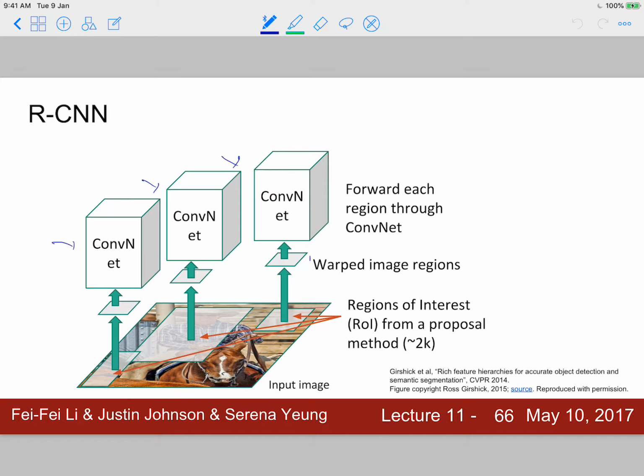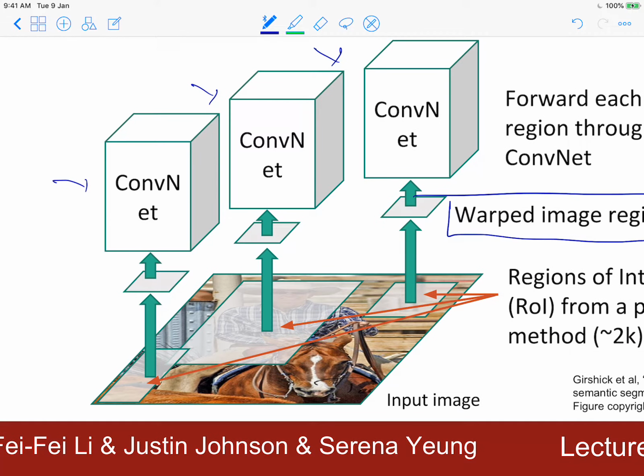So it is also the same as these warped image regions. Here in this scenario, the bounding box can have a different size and different aspect ratio, right? But when giving it as an input to our CNN module, the CNN should take a fixed-size input image, right?